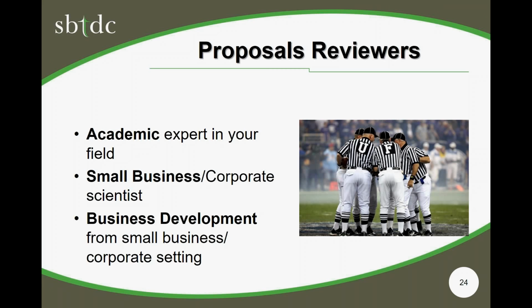Those reviewers are, in most cases, not the program manager. And in grant agencies, they are your peers. Okay, they're not agency employees. In grant agencies like DoD, DOE, etc., they are actually researchers within that agency, but again, not the program manager.